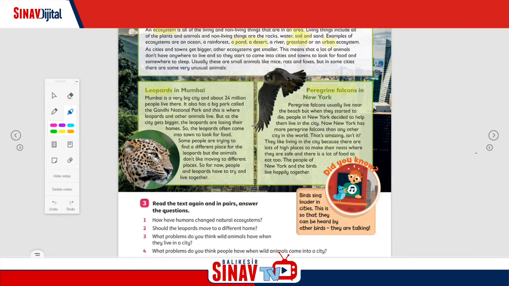Write down these words into your notebook, translate them, write the definitions and memorize them.